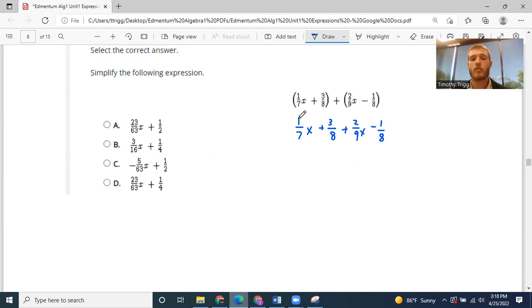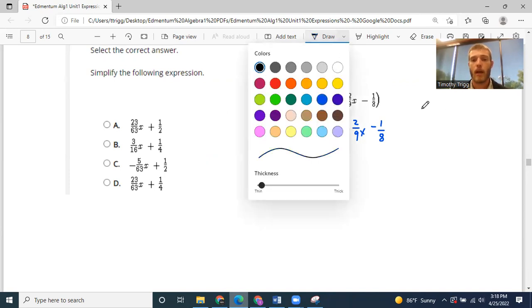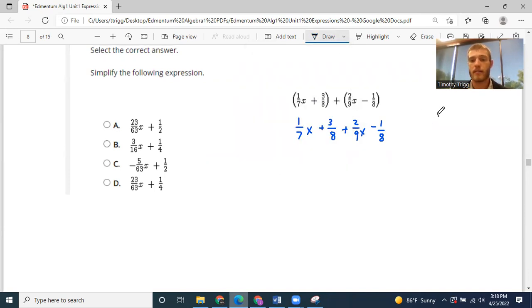So I want to combine this 1/7 x plus this 2/9 x. So to the side here, I'm going to do a little bit of side work. I'm going to do this 1/7 plus 2/9 over to the side. Now, again, whenever adding or subtracting fractions, you need to have a common denominator.